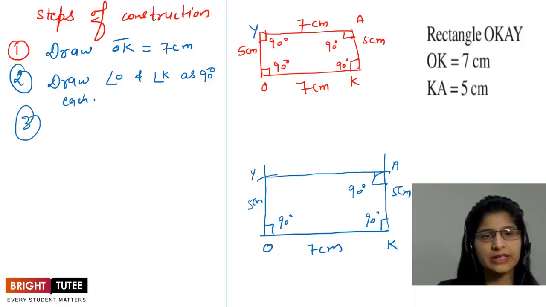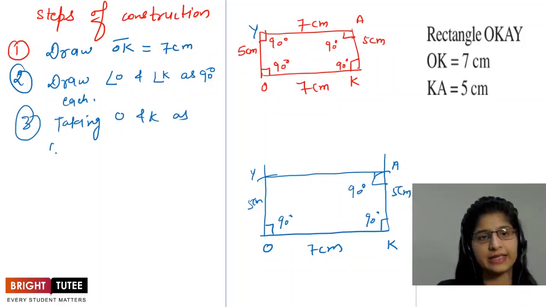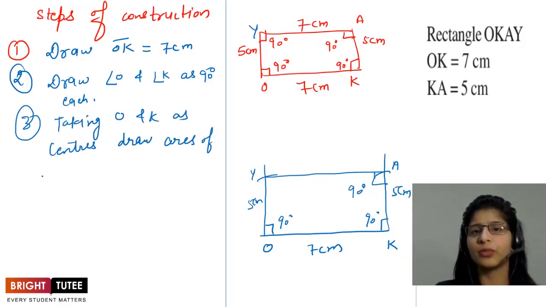So the third point is, after drawing the angle as 90 degrees, what we will write? Taking O and K as centers, draw arcs of what measurement from both of them? 5 centimeter. Draw arcs of 5 centimeter. Okay, right, what we have done, drawn arcs of 5 centimeter.